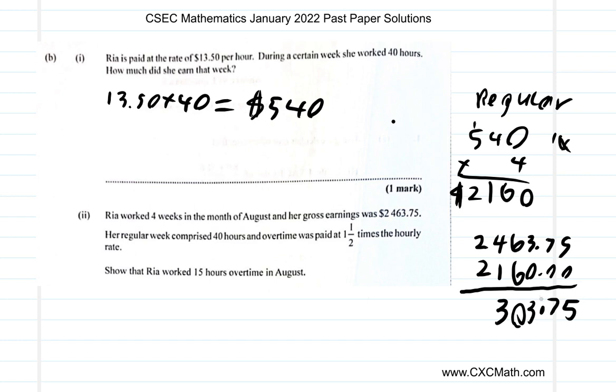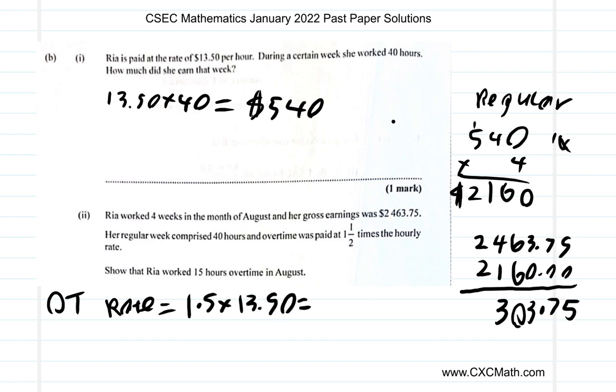Now, remember, she gets 1.5 times the hourly rate. Now, here, if that is the case, then the rate per hour was $13.50. So the overtime rate here is 1.5 times $13.50.